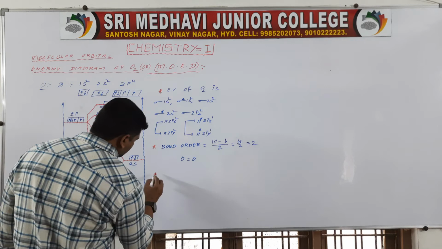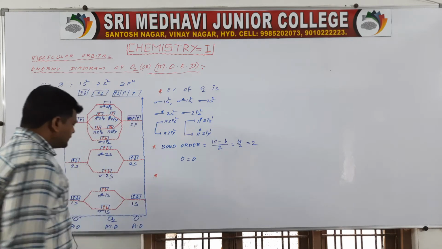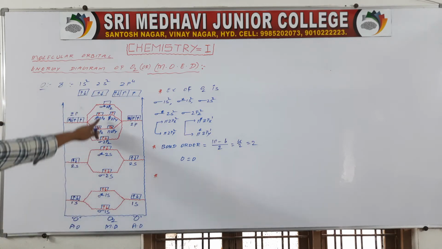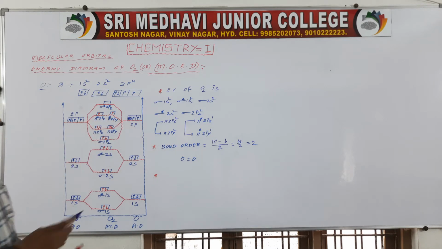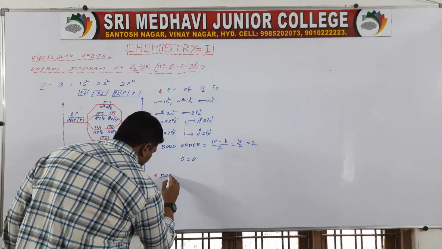Then any unpaired electrons? Here there are 2 unpaired electrons, so it is paramagnetic in nature.